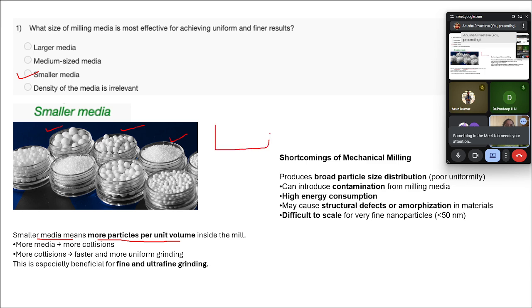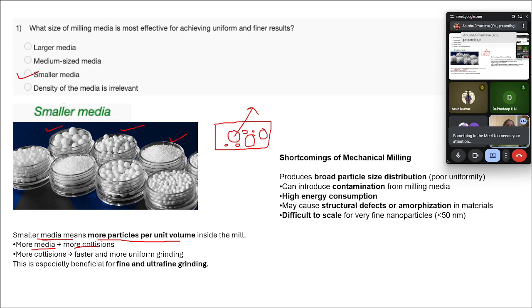Suppose this is the mill in which these are media, and then there are your nanoparticles. Now, if these balls are small, smaller media means more particles per unit volume inside the mill. So more media means more collisions.